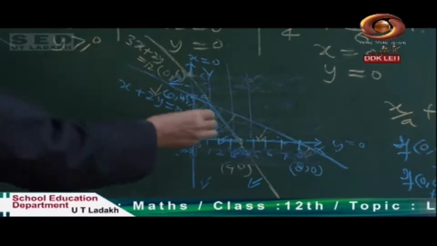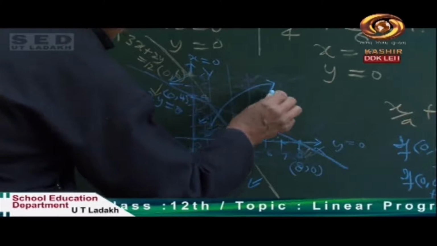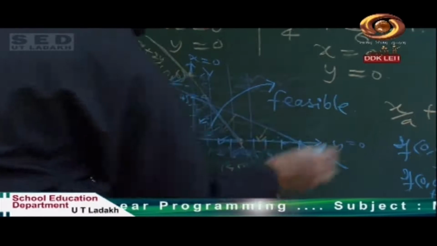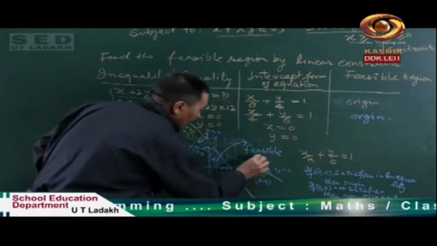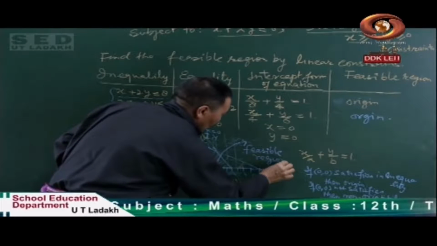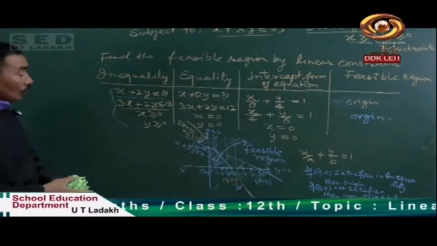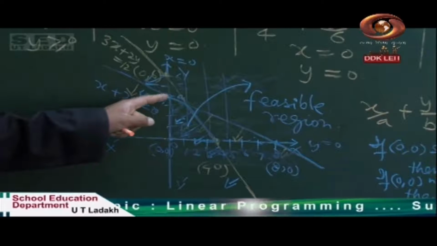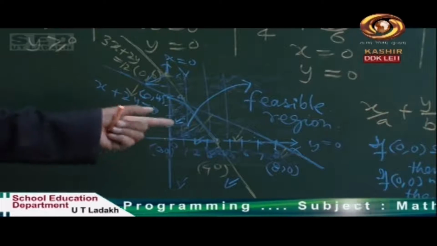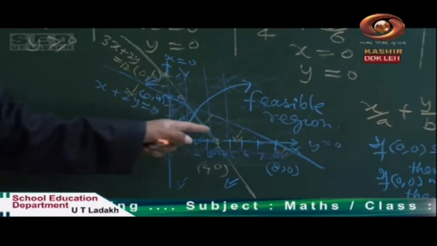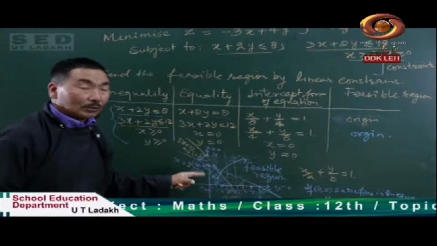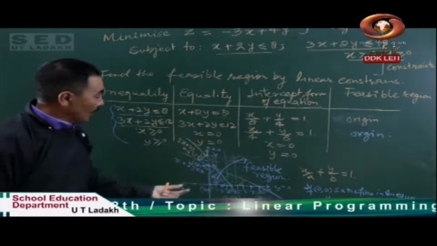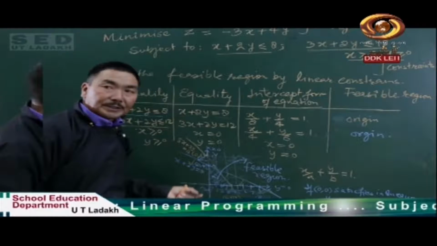Now we got this common shaded region, and it is called the feasible region. It is also known as the solution region. So now we have corner points. This feasible region is bounded, so we can find the minimum value as well as the maximum value, but we have to find the minimum value of the function by using these corner points.